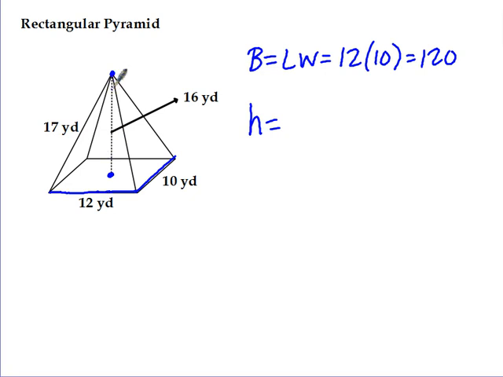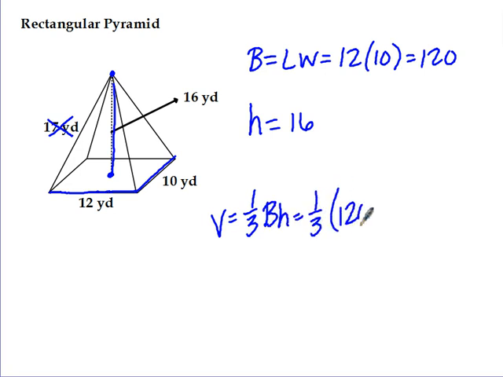So it's going to be 16. This 17 out here, not used. So our volume is 1/3 capital B times H. So it's 1/3 times 120 times 16. And that's going to give us 640 cubic yards.